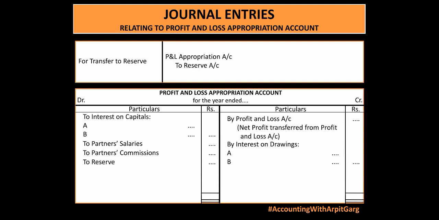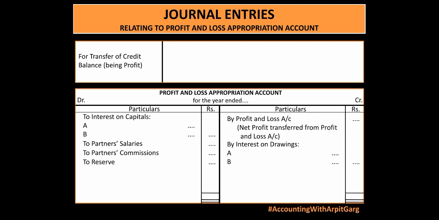Then, our last entry, that is transfer of credit balance, or we can say transfer of profit to partners capital account. Here we already know that profit is transferred to capital account, and when partners are given profit, their capital will increase.